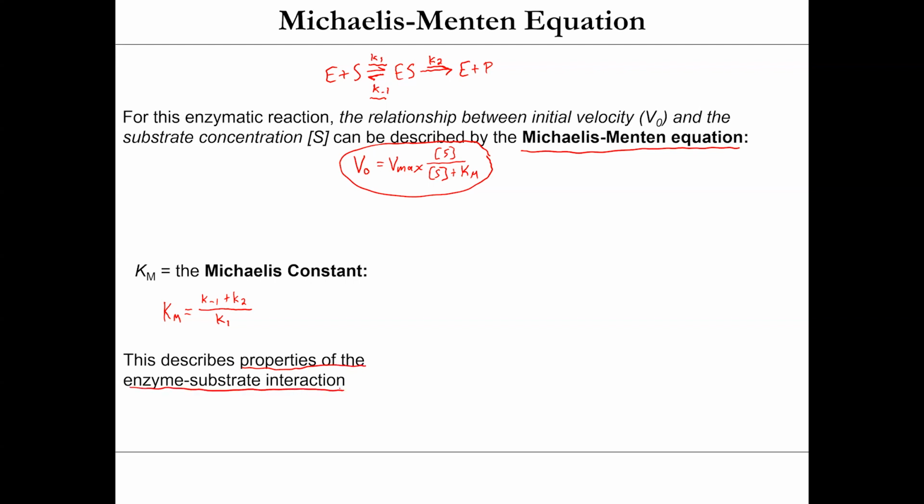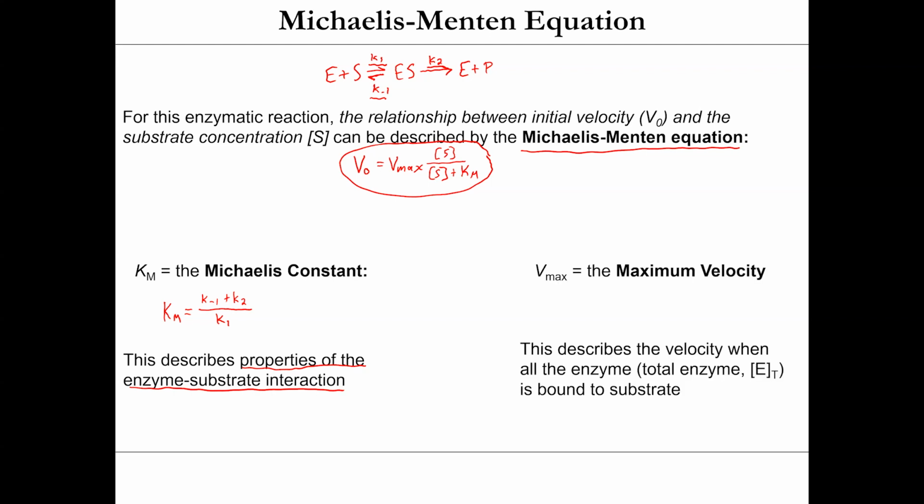So how quickly that enzyme plus substrate is able to form the enzyme substrate complex, and then how quickly the enzyme substrate complex either converts to enzyme plus product or converts back into enzyme plus substrate. So the Michaelis constant is just a constant accounting for the properties of the enzyme substrate interaction.